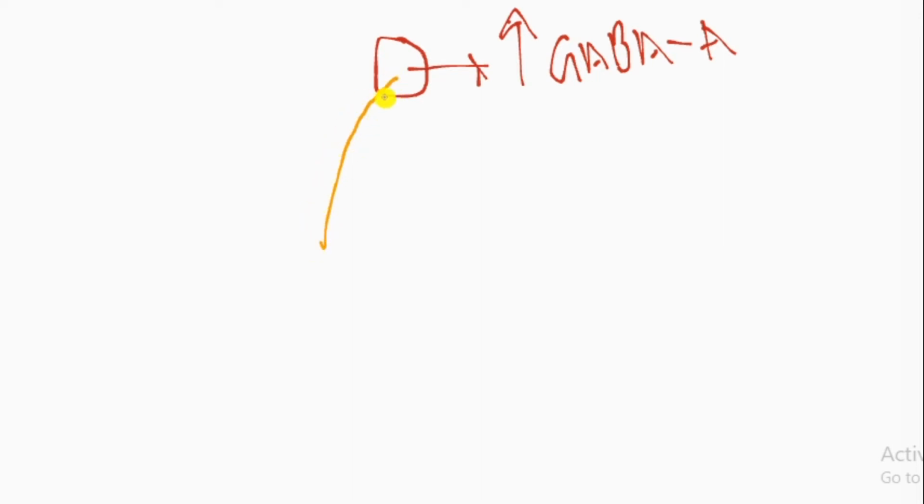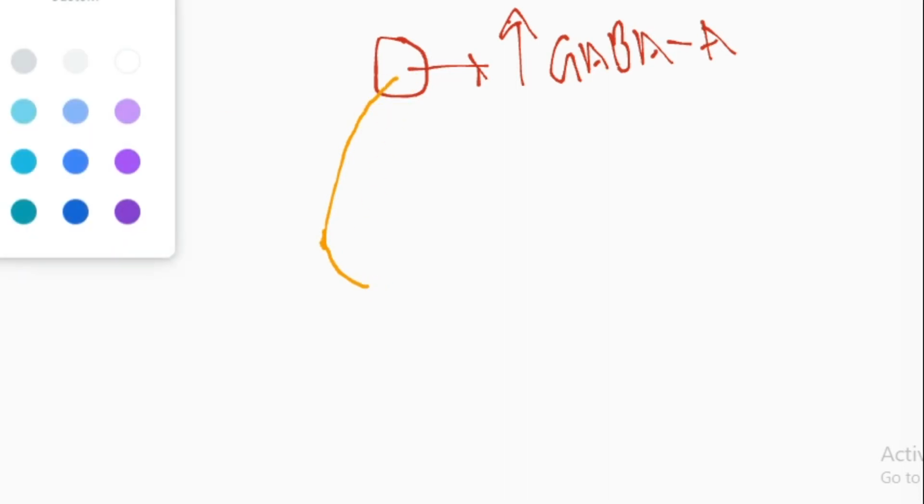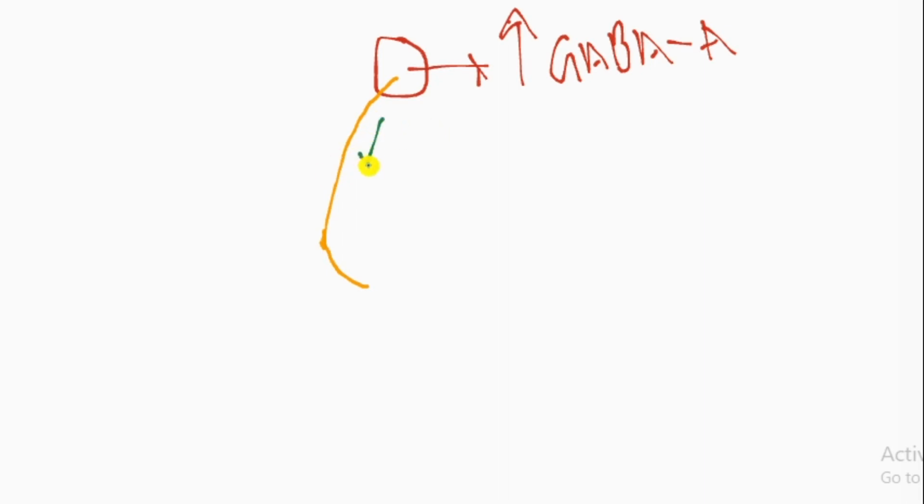Consider this is our neuron, this is our nerve. The nerve is exciting impulses. It transmits impulses through an excitatory neurotransmitter.